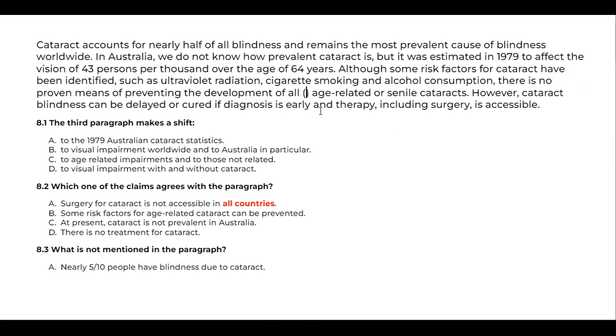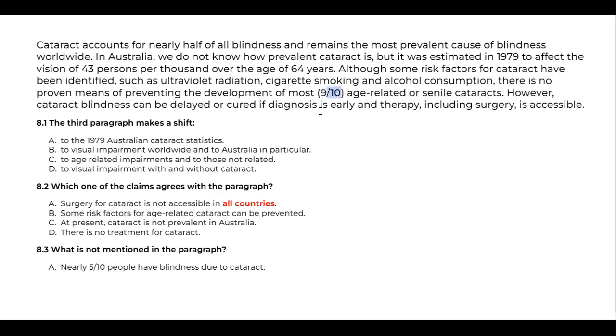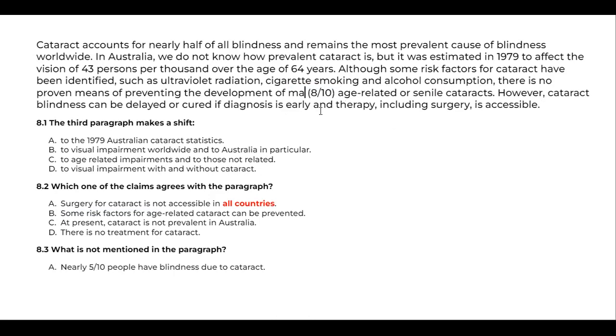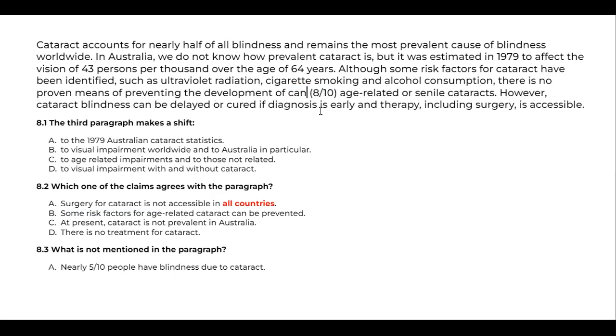But when you say the other word, most does not mean all. Most simply means 9 out of 10. Don't forget that. And should means what number? That is 8 out of 10. And can is 6 out of 10.